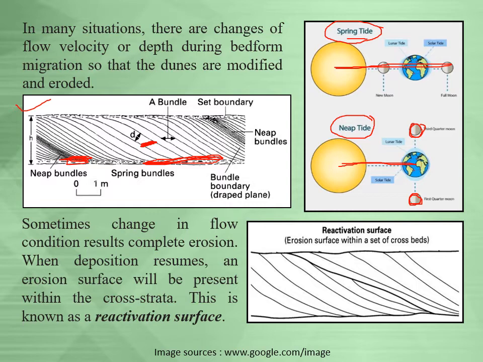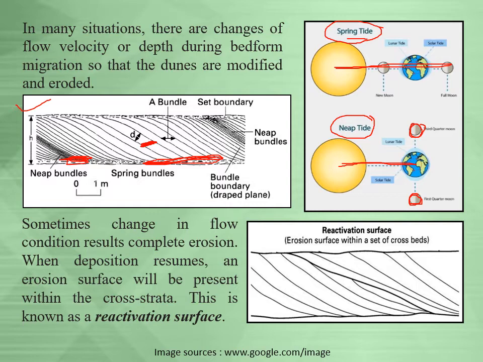But during neap tide, the energy condition is low because the attractional force of sun and moon try to diminish each other. So tidal bulging of earth surface water is low. So that is why the cross lamination spacing is narrow, that is they are very closely spaced.